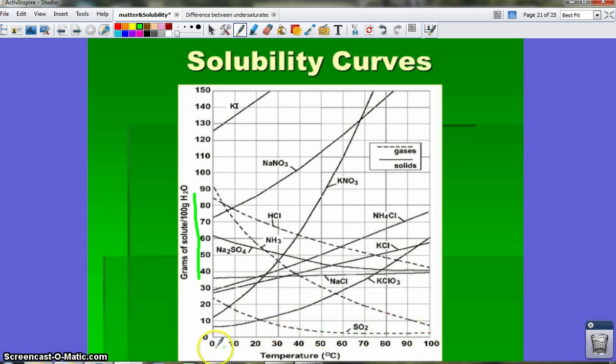Now, why does the temperature go from 0 to 100? Why do you think the temperature goes from 0 to 100? Well, if we think about it, we are testing how many grams of solute in water. Well, what happens to water when it gets to 100 or above?